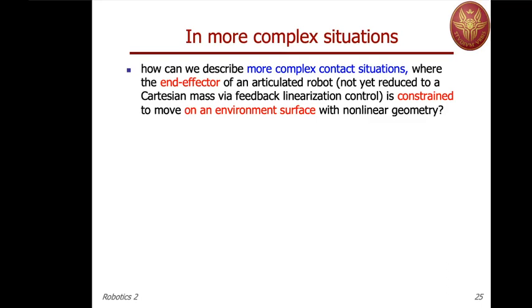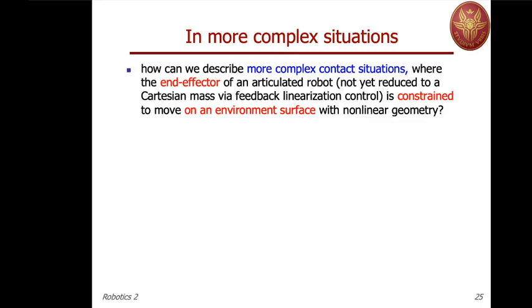But now we enter in contact with an environment surface which is not moving, so we still assume that there's a static environment. This is not always the case, but you can generalize this later on. The geometry of the robot, its kinematics, is generic, and the environment is not a straight surface in general.